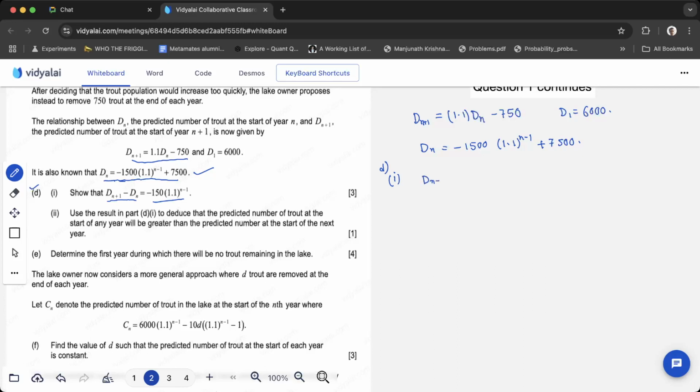So dn plus 1 minus dn. From the recurrence relation, we can first write dn plus 1 as 1.1 dn minus 750 minus dn. So if we collect the coefficients of dn, we get 1.1 minus 1. So this becomes 0.1 times dn minus 750. Now, in this 0.1 times dn, we can substitute the closed form expression of dn.